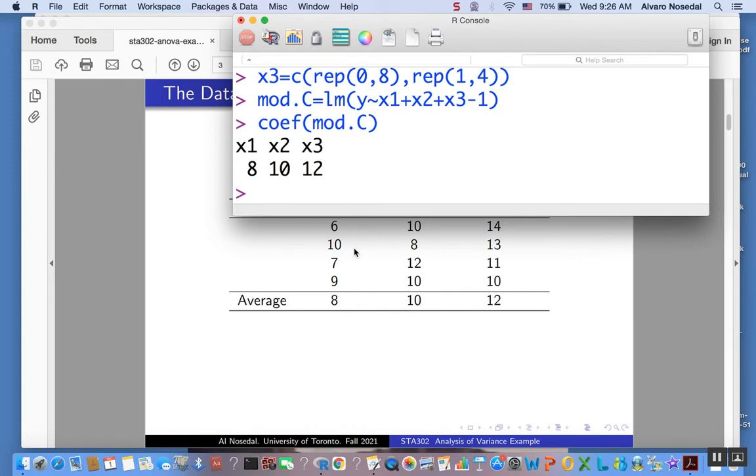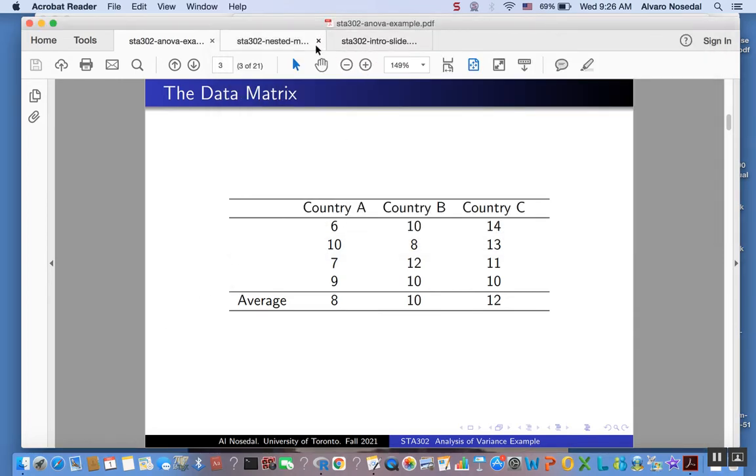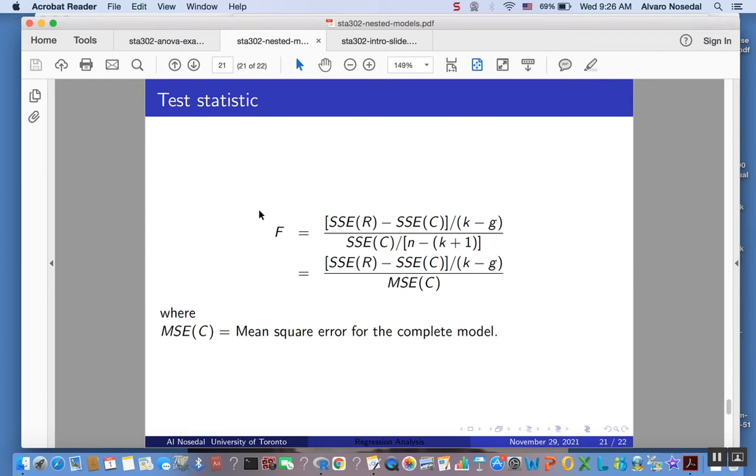So now we said we would like to see if we can use our F partial test to compare these two models, these two situations, to make a decision as to what kind of model we want to use for prediction. So here we go. Let me remind you what the test statistic looks like.